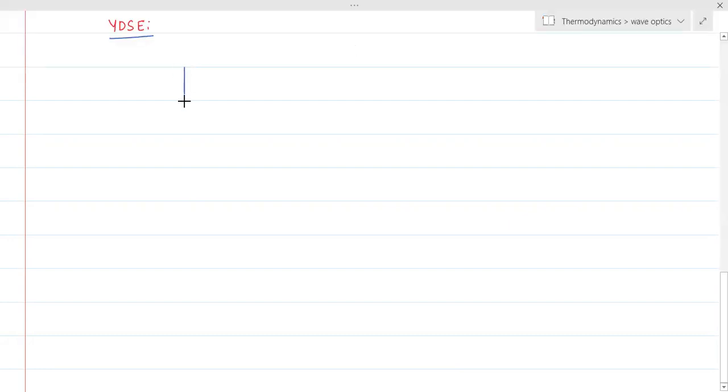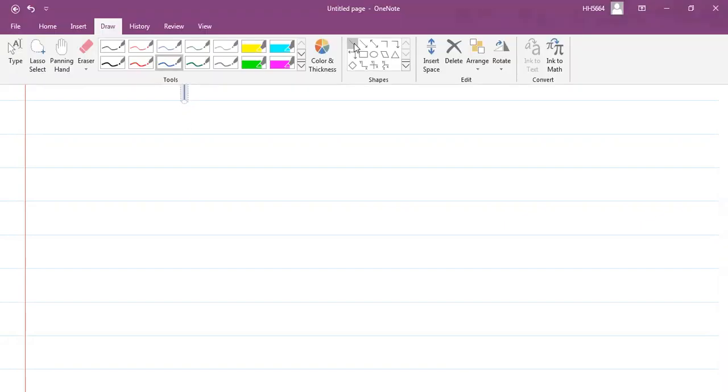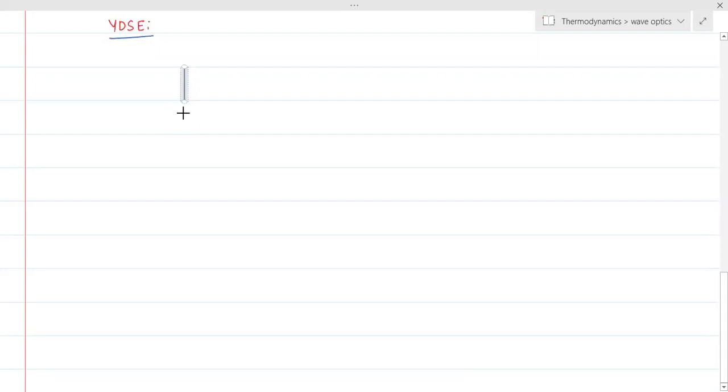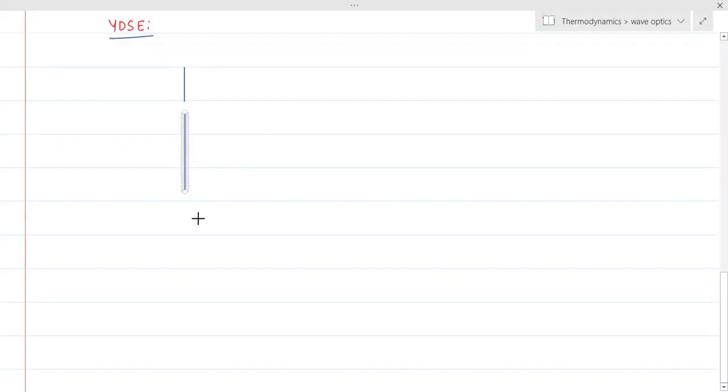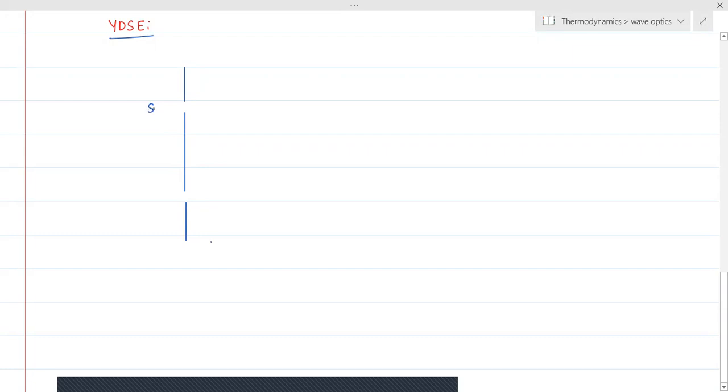For example, I'm taking two parallel slits, S1 and S2. So this is S1 and this is S2.